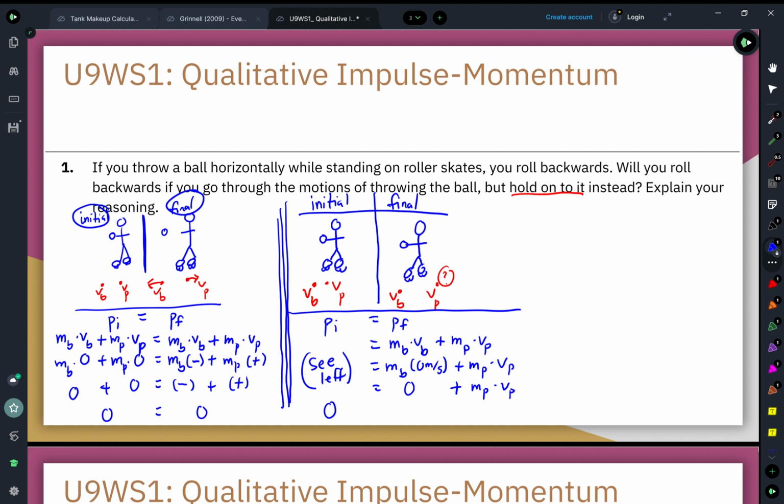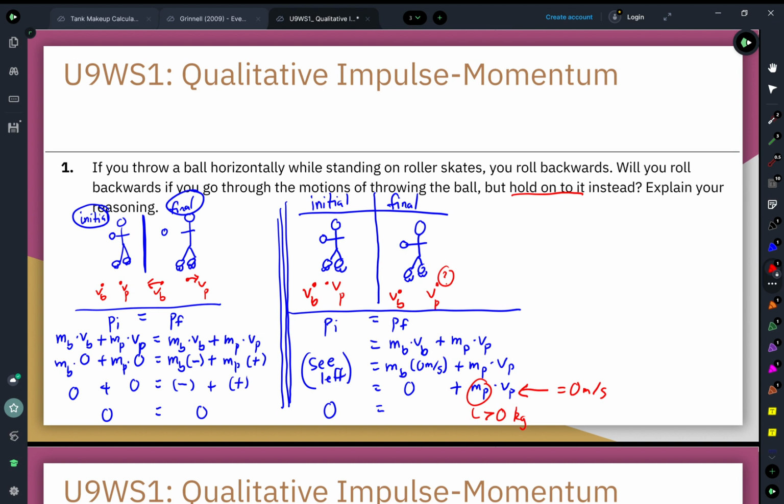Overall, 0 plus any product, in order to equal 0, means one of these two terms has to equal 0. We know that the mass has to be some number greater than 0 kilograms. So therefore, the velocity has to equal 0 meters per second in order for us to conserve our momentum. So overall, the person should not have any velocity.